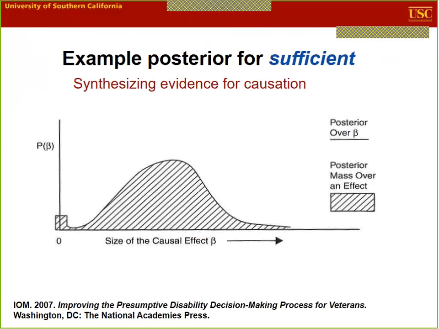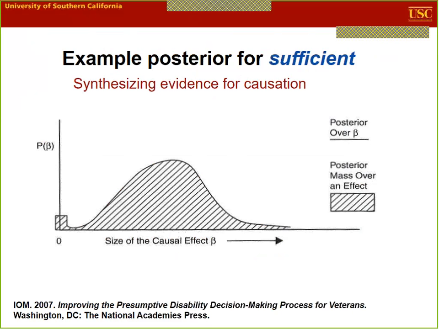Some years ago, I was involved in a report to the National Academy of Sciences on decision-making about compensation for veterans. And we put together a set of pictures based on some Bayesian ideas about how to describe strength of evidence, credibility of causation.